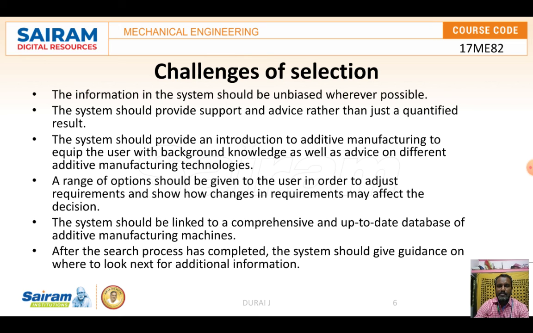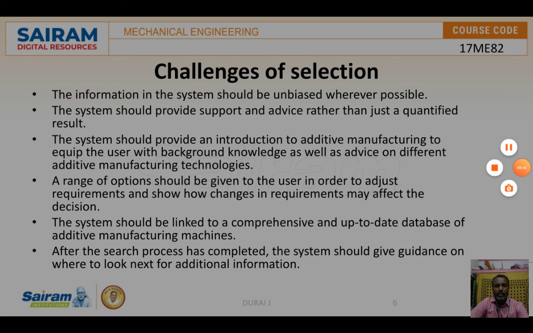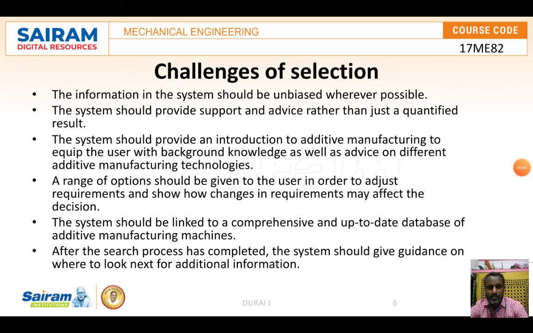The system should provide support and advice rather than the quantified result itself, and the system should provide an introduction to additive manufacturing to equip the user with background knowledge as well as advice on different additive manufacturing technologies. A range of options should be given to the user in order to adjust the requirements and show how changes in requirements may affect the decision.